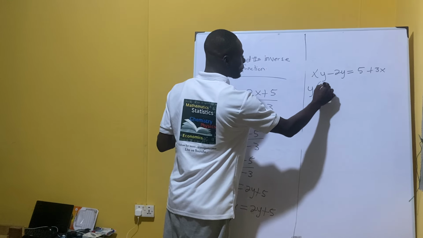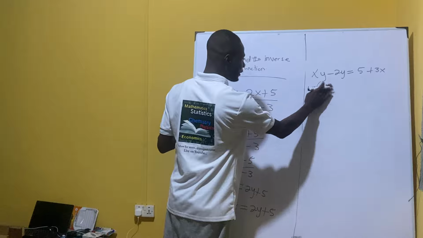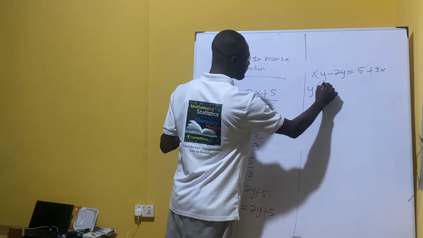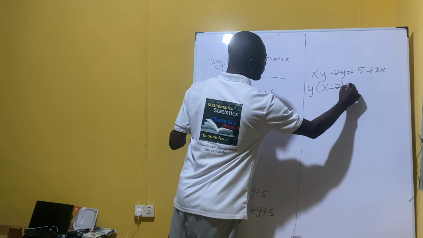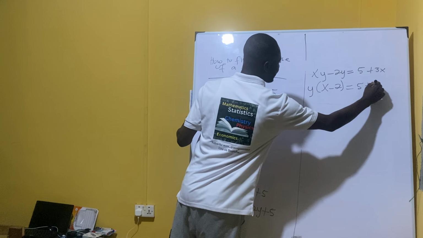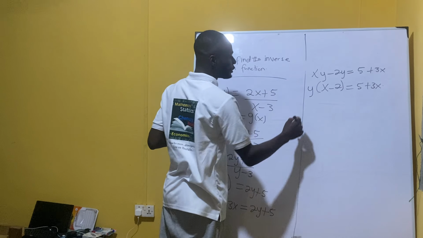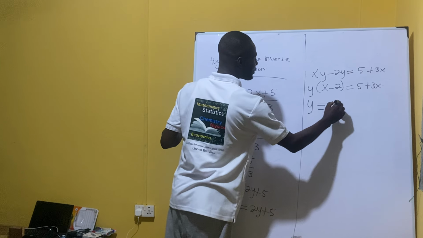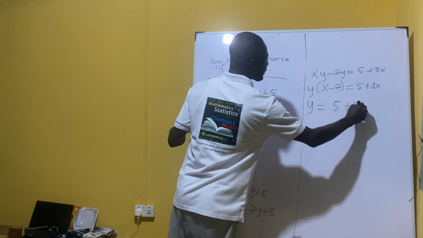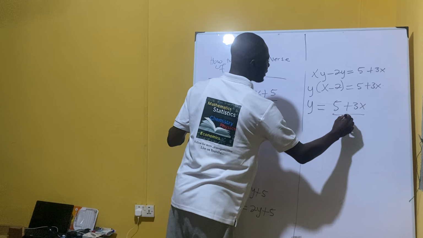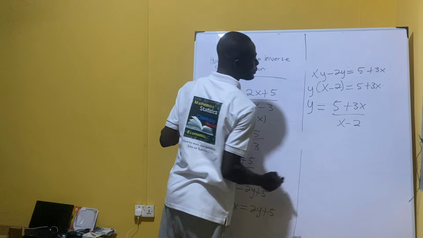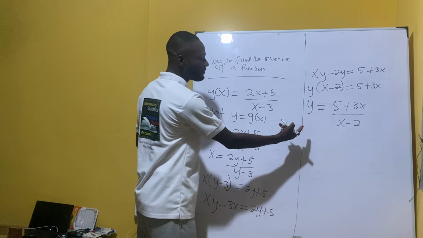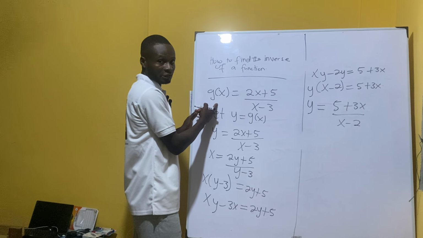Let's factor y out: y(x - 2) equals 5 + 3x. So making y the subject, we have (5 + 3x) / (x - 2). This becomes the inverse of this particular function g.